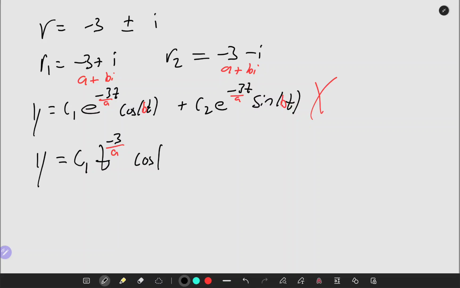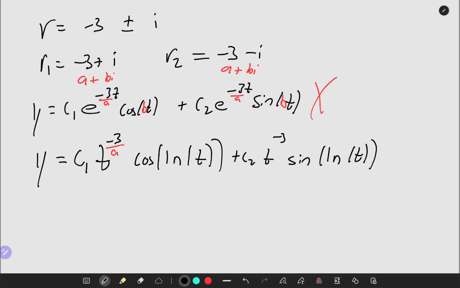It's going to be cosine of the natural log of b times t, which in this case is 1. B is 1, right? So this is very weird, I know. Plus c2 t to the -3 times sine of the natural log of t.